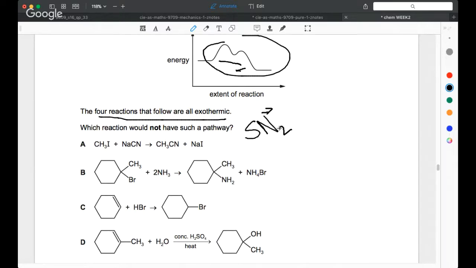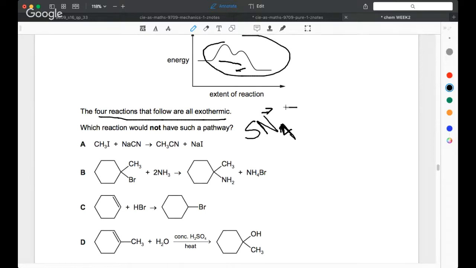SN1 has only one species involved in the rate-determining step. So where would you have two intermediates? You need to find the one which has only one step for the reaction. Oh, it's A.